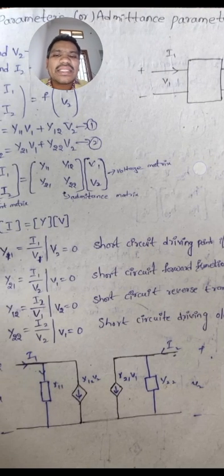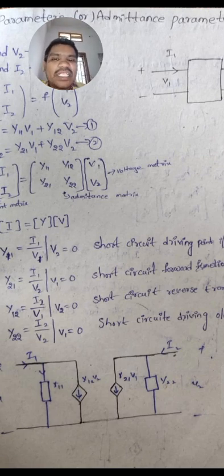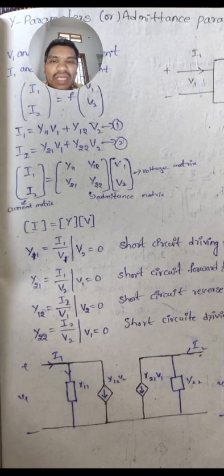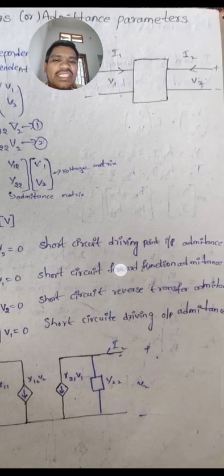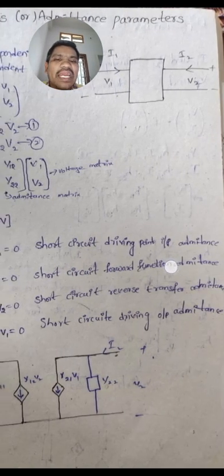That's why this admittance parameter, y11, is said to be the short circuited driving point input admittance.